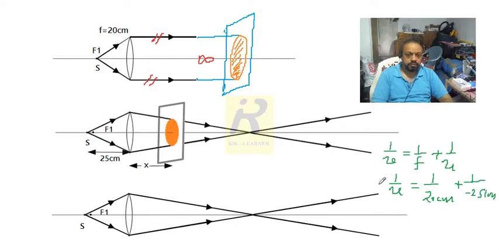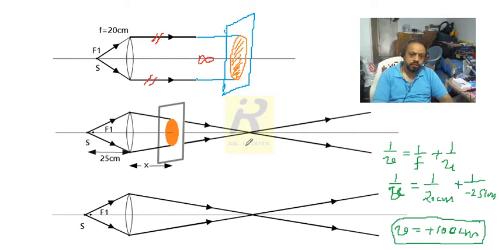Using all sign conventions, you will get v equals plus 100 centimeter, that is the position of the image. That means the image of the point source is here, at 100 centimeter. So a clear image is here.